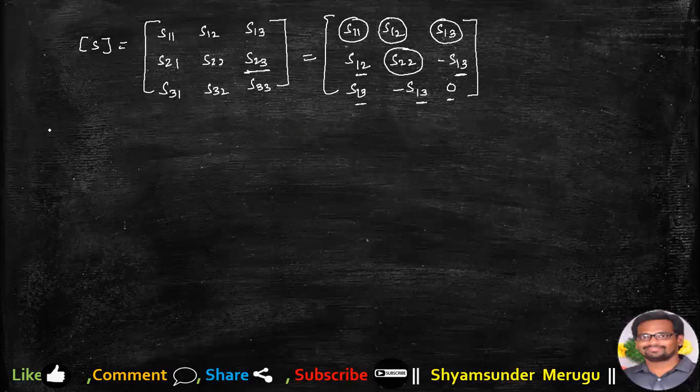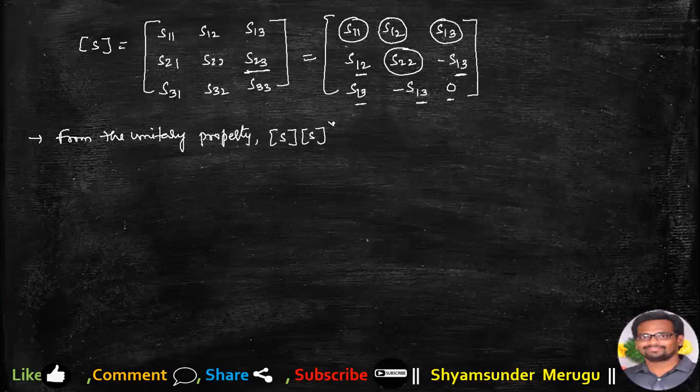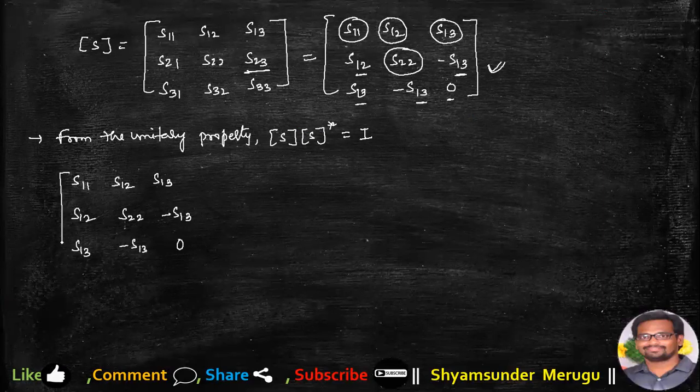So we know from the unitary property that the product of the S matrix with its conjugate will be equal to the unitary matrix. So here we can write S11, S12, S13, S12, S22, minus S13, S13, minus S13, 0, multiplied with its conjugate.